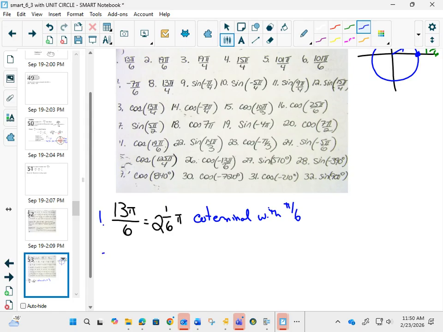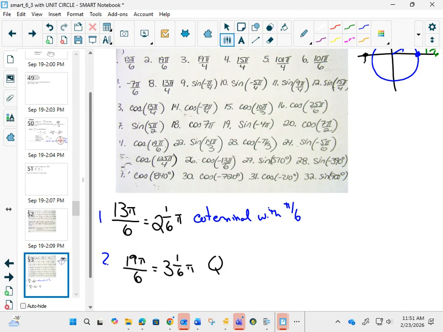19 pi over 6. As a mixed fraction, how many 6's in 19? 3 full ones, right? That gets you to 18. You'd have an extra 1/6 left over. 3 and 1/6 pi. Can you tell me what quadrant that's in? 1. Careful. Where's the 3? 3 would be here.